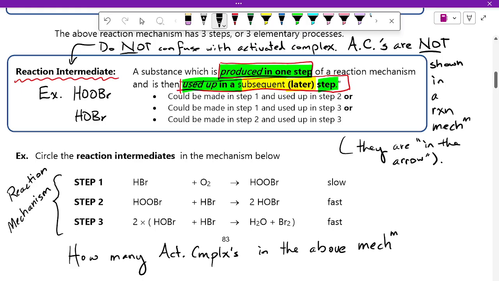How many activated complexes in the above mechanism? It is as easy as you think. 3. 1, 2, 3. 1 for each step. Okay, very good.